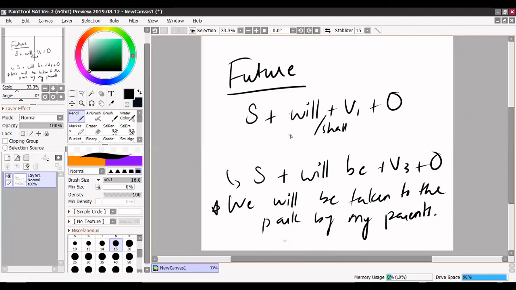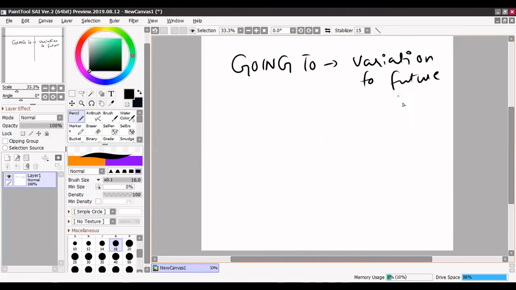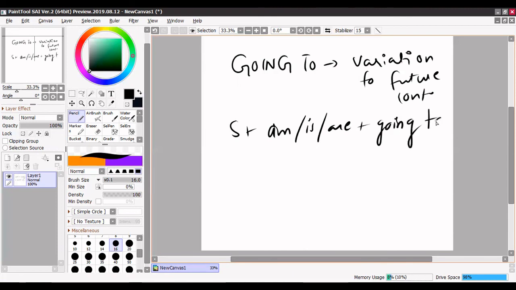For example, subject plus am, is, are plus going to plus first form of verb and then the object.